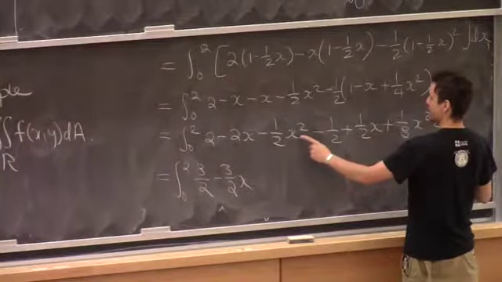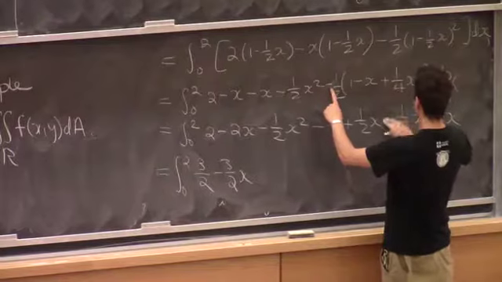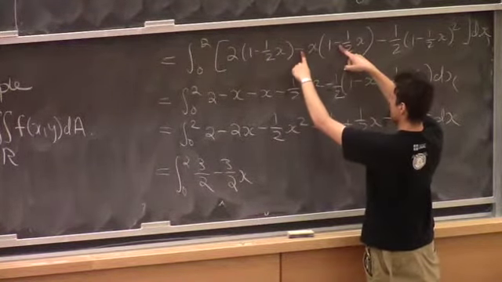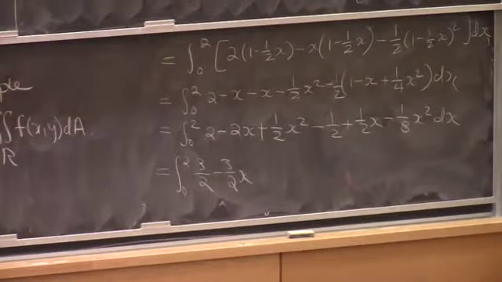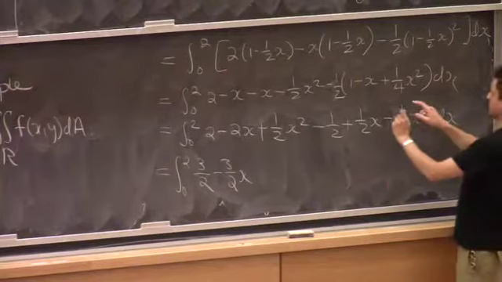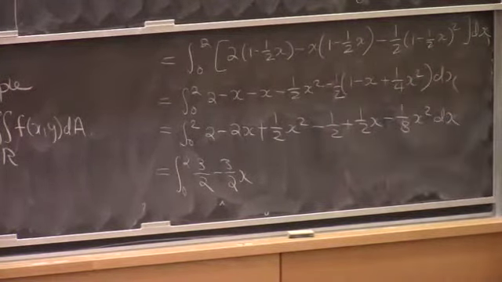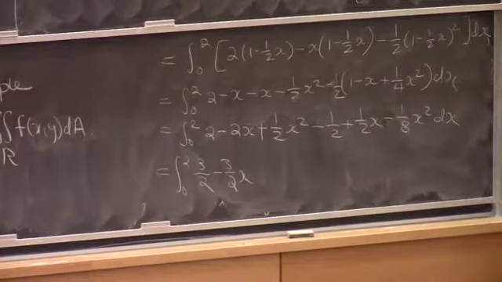Oh, and then there's a plus. No, wait, sorry. This one's minus. This one's plus. There we go. Is that better? Okay. Minus, plus, yes. Sweet. So now those guys give us negative 3 halves.